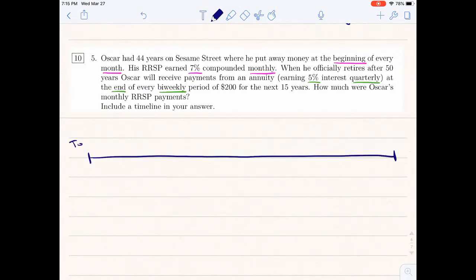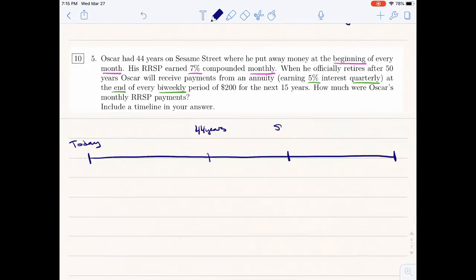So let's say he starts today, and I'll move this over just a little bit. What I'm doing is I'm going to put the 44 year marks. So the year marks, I'm going to put it just up a little bit, right? Because I want to put my number of payments down close to the tick so I can have them easily there.